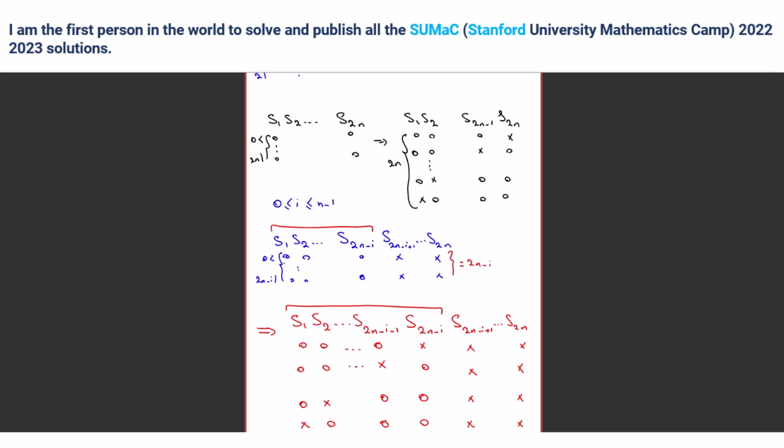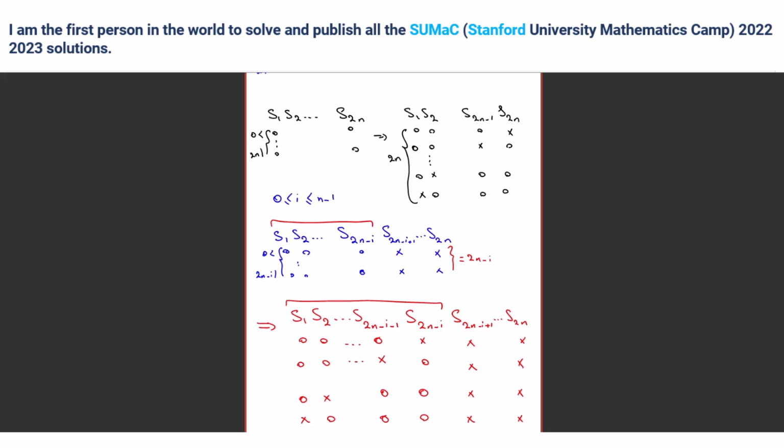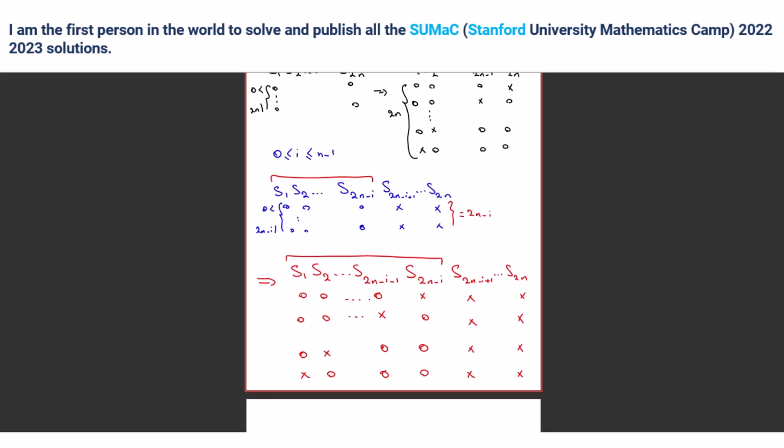And you remove 2n minus I elements. You should prove why, after removing these 2n minus I elements and adding these 2n minus I elements, if in the initial case all the conditions are satisfied, then after this action, again all the conditions are satisfied.